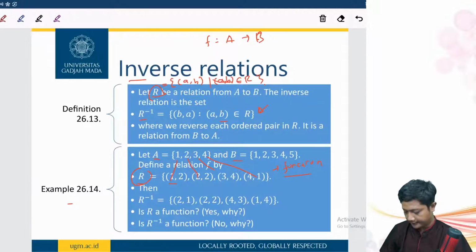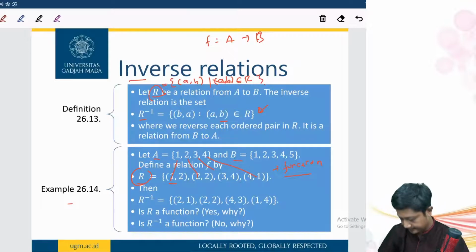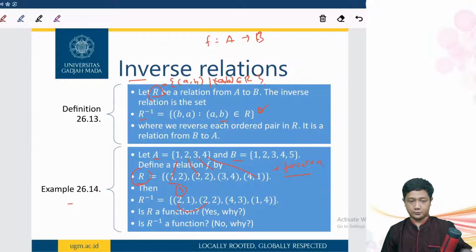But if we try to reverse the directions, then we can see here 3 has no partner, so it doesn't appear in the first coordinate of R inverse. So very clear, R inverse is not a function. Another evidence is that 2 appears twice, so it is not a function.